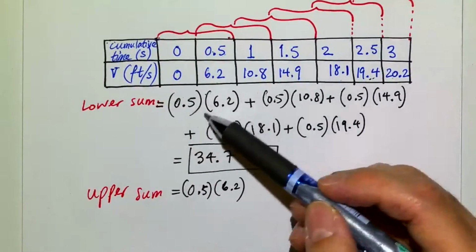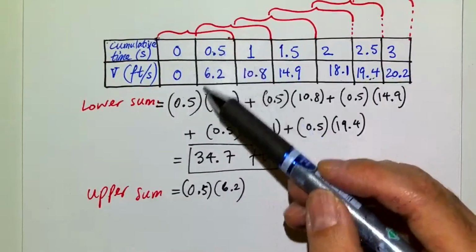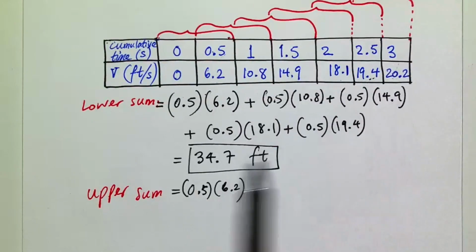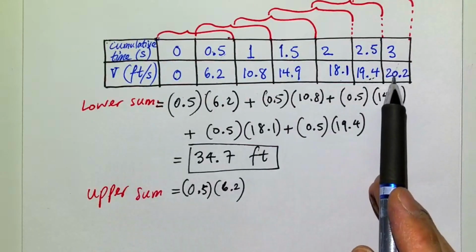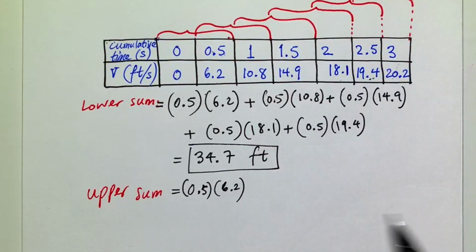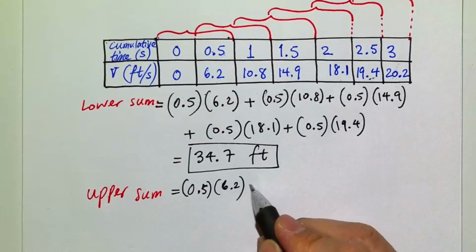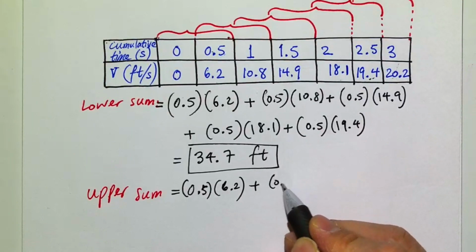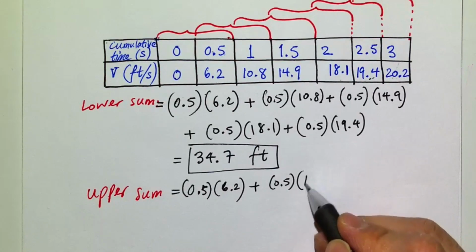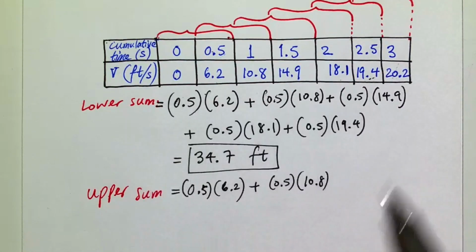For the beginning interval, for the lower sum and the upper sum, this interval is 0.5 times 6.2. But the lower sum omits that last piece, 20.2, and we will include it here. Instead of 19.4, we'll include 20.2, plus 0.5 times 10.8. So that last interval is the only difference between these two.